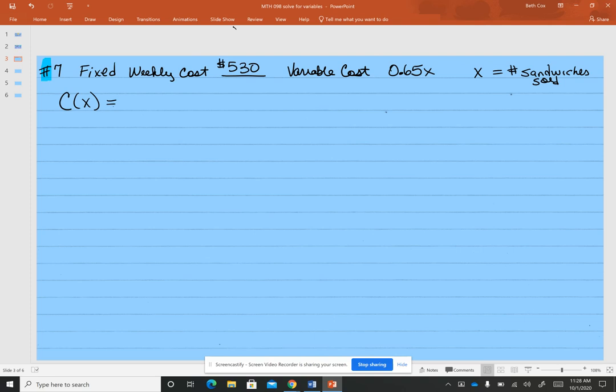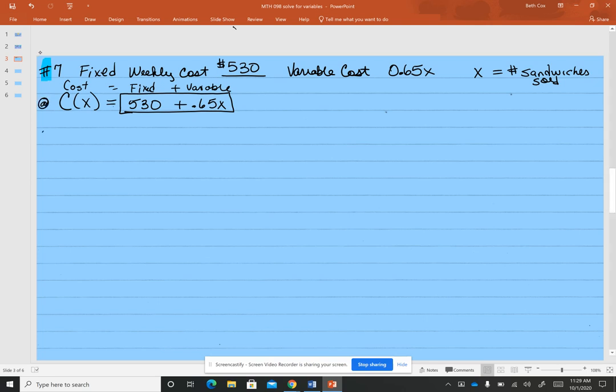When we're talking about a real situation, we use letters that mean things. So the cost function is the fixed cost plus the variable cost. Our cost function is going to be 530 plus 0.65x. I think that's the first thing you type in.